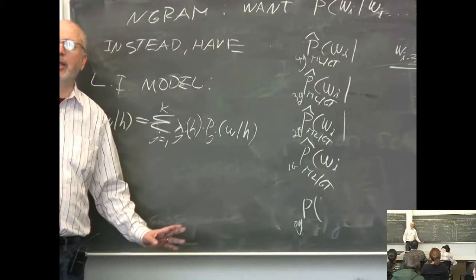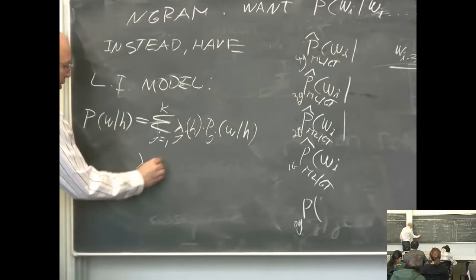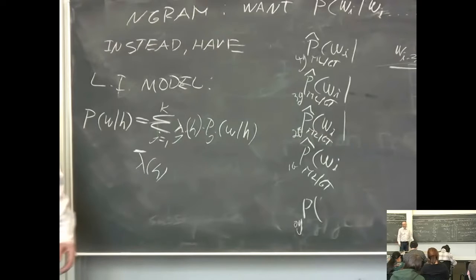When you have a history that was seen many, many times, the variance of the estimators is likely to be small overall, and therefore there will be a preference for those with low bias. For histories seen very few times, it'll be the other way around, because the differences in variance will prevail. So in fact, you can train many, many different sets of lambdas. The only thing is that for any particular dependence on H, you have to make sure that the entire array of lambdas sums to 1.